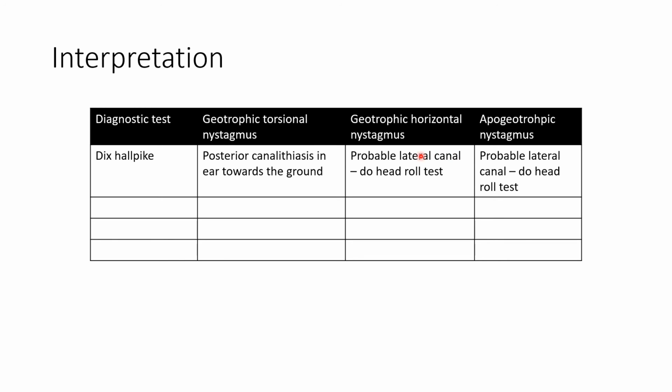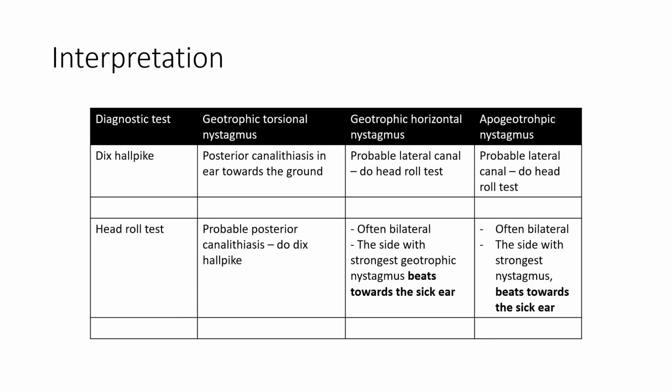Sometimes you will see not a torsional nystagmus, but you will see a horizontal nystagmus. And if you see a horizontal nystagmus, then probably what you're seeing is a lateral canalithiasis, and you should go do the head roll test. And as is also the case if you see an apogeotropic nystagmus that is horizontal, then you should probably go do the head roll test.